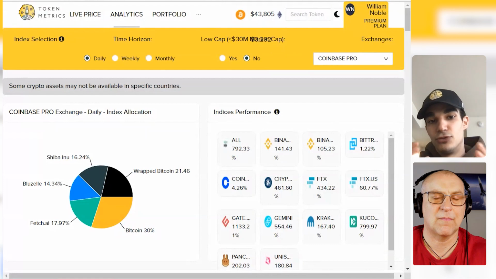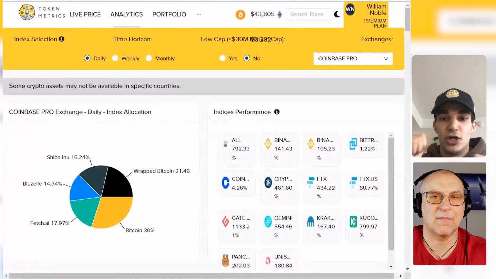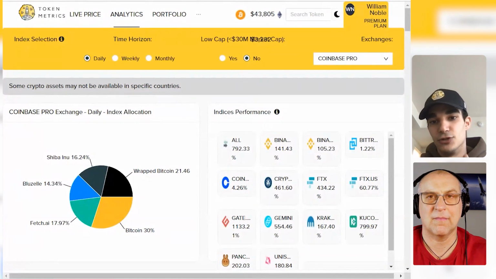The trade-off is that you will be trading every single day. You need to sign in, and if you're part of tokenmetrics.com, you can set an alert telling you what the new coins in an index are and what coins got out of the index. But you will have to do it manually every single day.